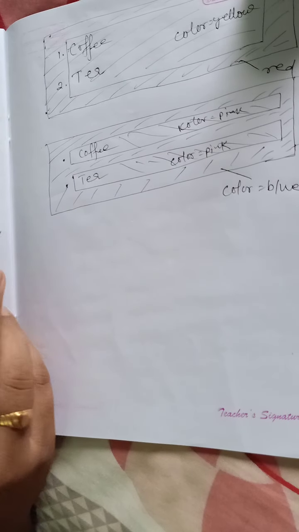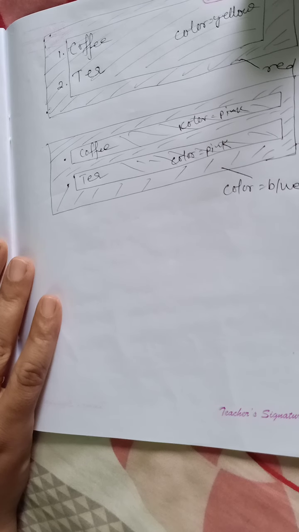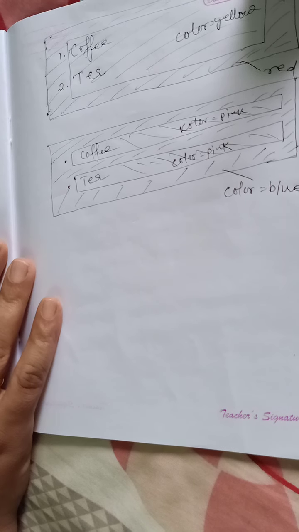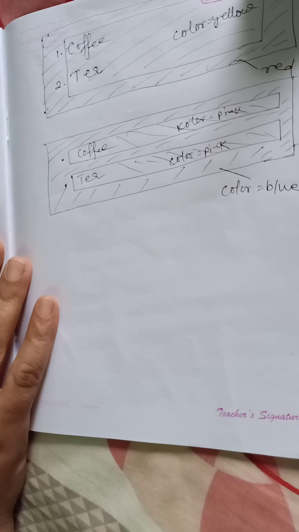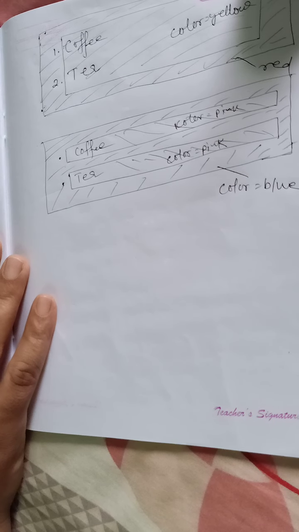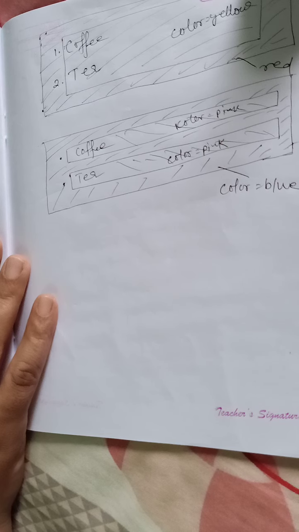Similarly we can work with lists, and we can have different types of lists. Basically the types are only 3, but we can add CSS effects to them in such a manner that it will be giving very good effects.